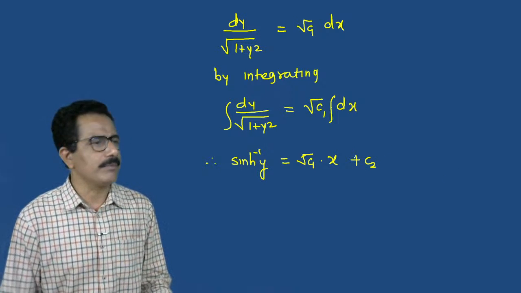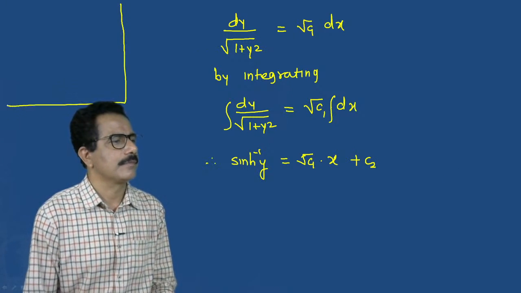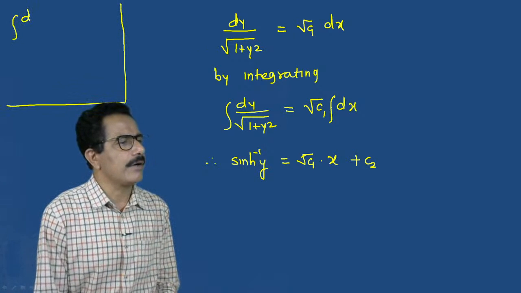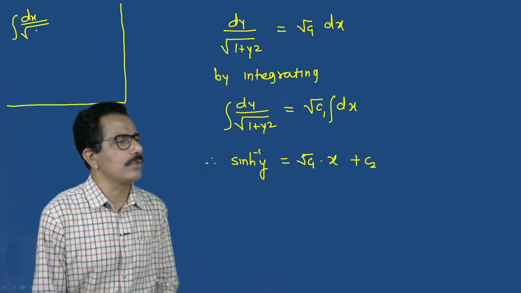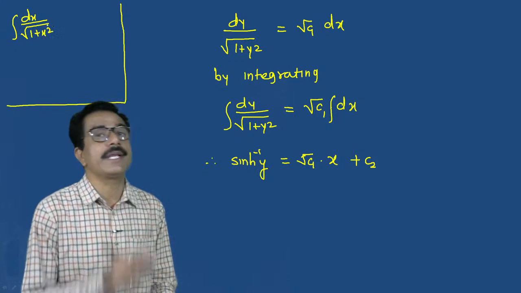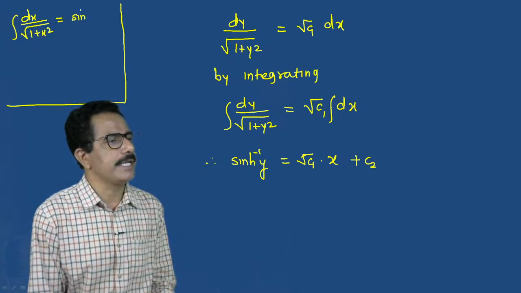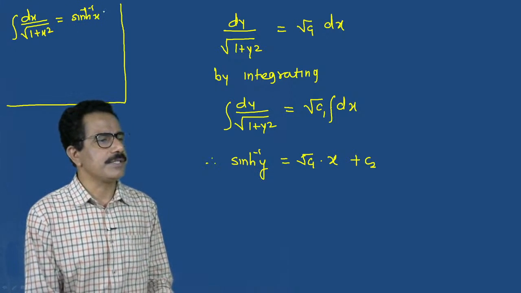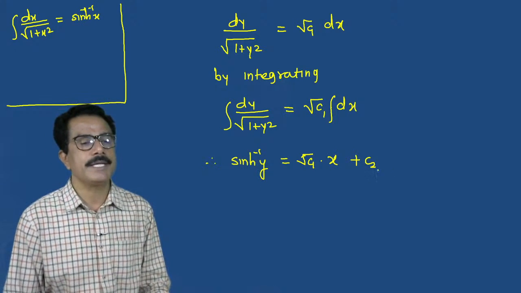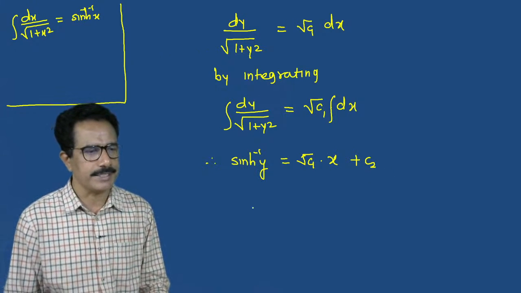If you want, write the formula here: integration of dx divided by root of 1 plus x square or x square plus 1. So we can write sinh inverse of x, plus C2, this is the constant of integration.